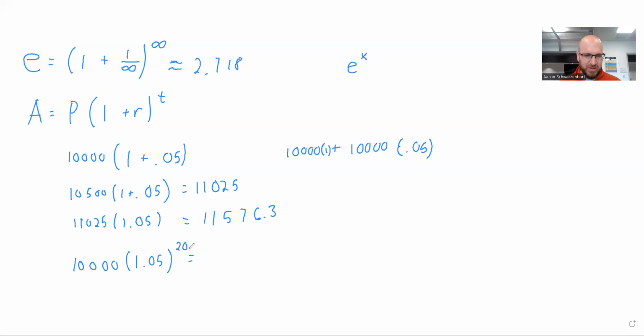If I were doing simple interest, $500 a year for 20 years would be $10,000, giving me a total of $20,000. Doing my compound interest, I get 26,533. I've grown quite a bit. I've grown an extra $6,500. I definitely like my compound interest.